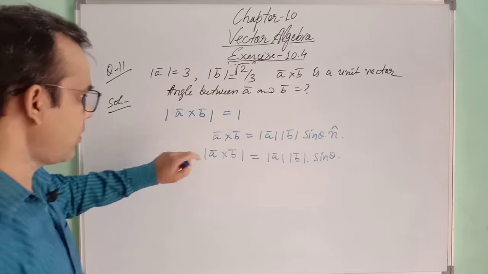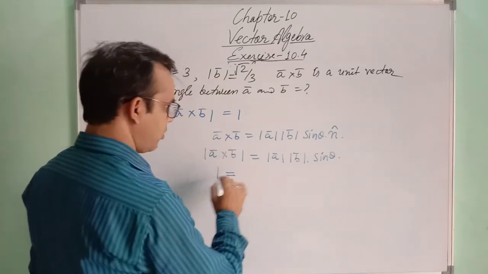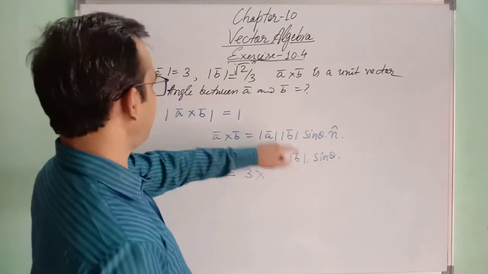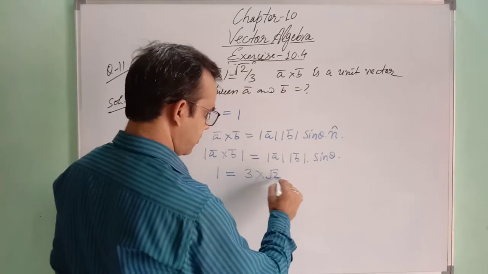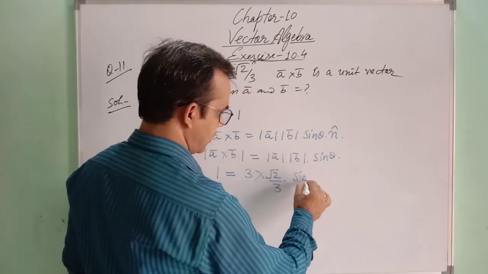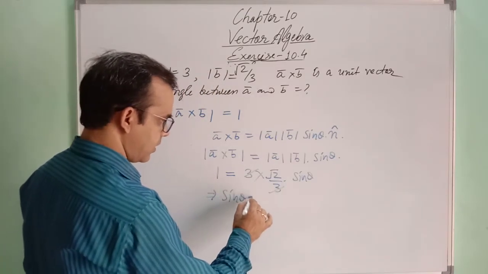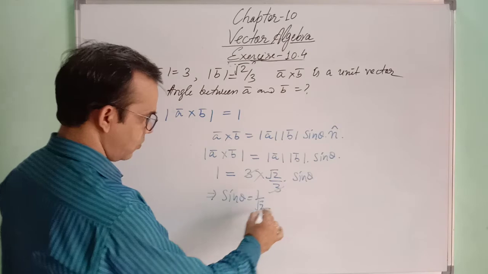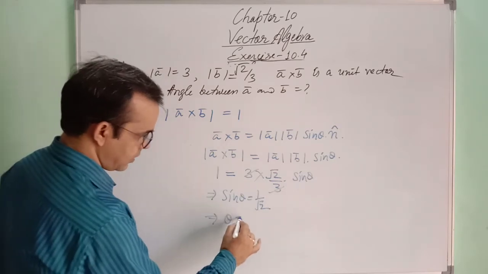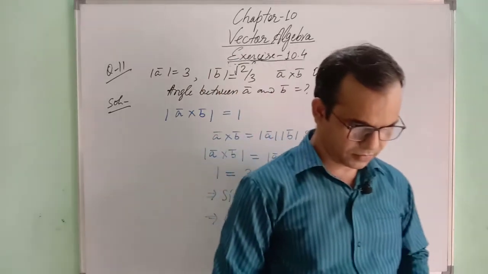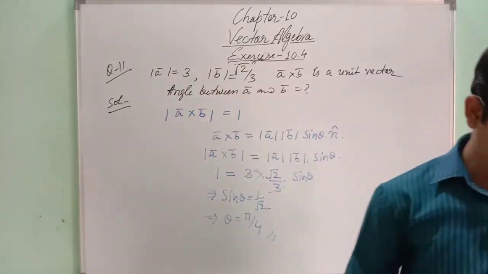Now its value is 1. So 1 equal to magnitude of A, that is given to be 3, magnitude of B, that is given to be root 2 by 3, and sin theta. So 3 will be cancelled and you will have sin theta equal to 1 by root 2. This implies theta equal to pi by 4. Okay, so it is done.